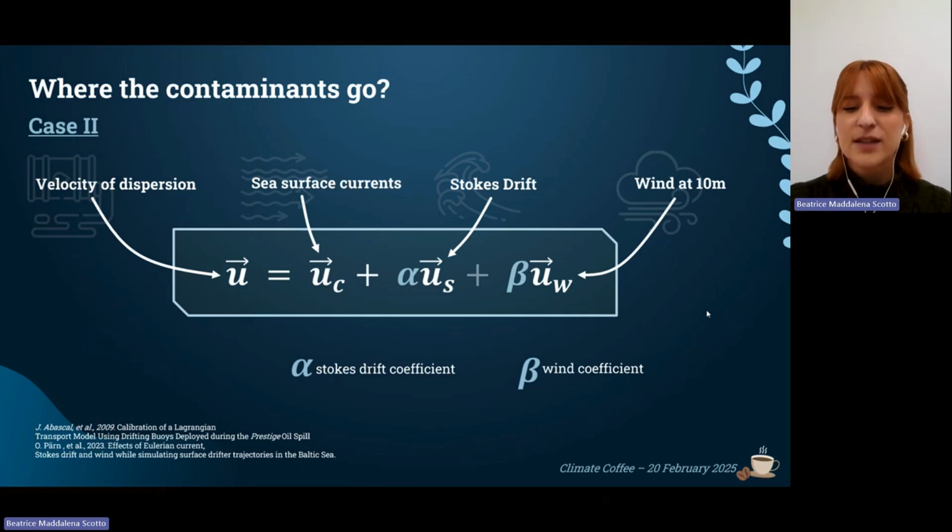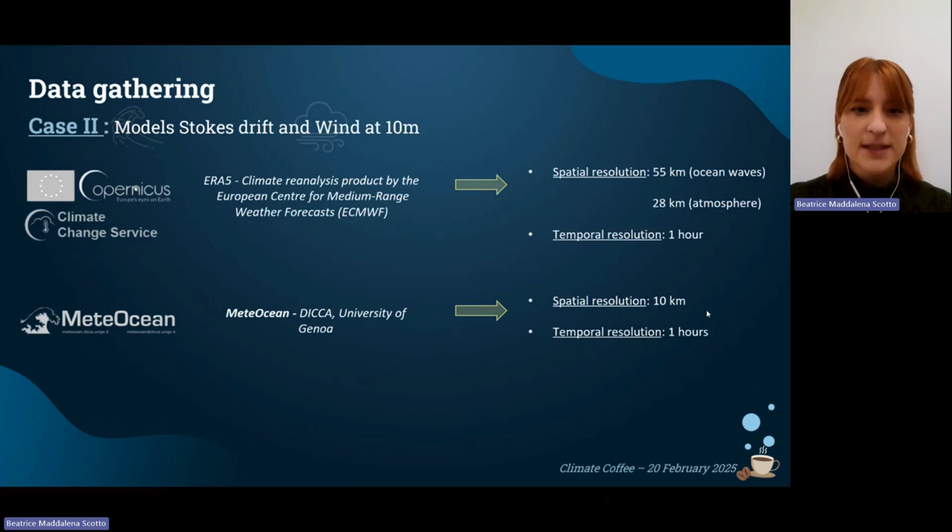These two coefficients mitigate the effect of these two components. So even for this case, we needed other data. And to do so, we chose two other different models for the Stokes drift and the wind.